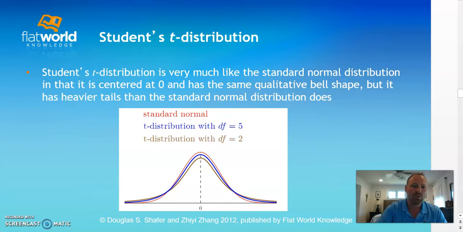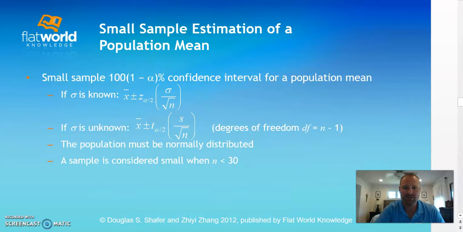One formula is very, very similar to the one that we already talked about. If a sample is small, which means it's less than 30, and the standard deviation is known, we're using exactly what we did in the previous section. We actually did an example like that, I think the first example.